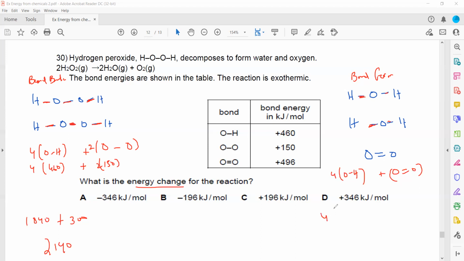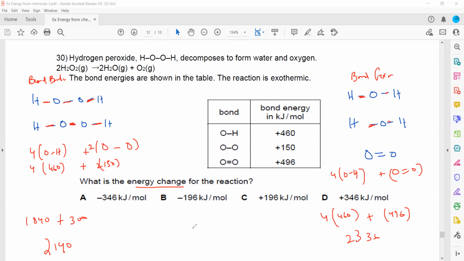Bond forming, it is 4 into OH, that is 460, plus oxygen double bonded with oxygen, 496. So 4 multiplied by 460 plus a molecule of oxygen is there, that is 496. So it is 2336 minus 2140.